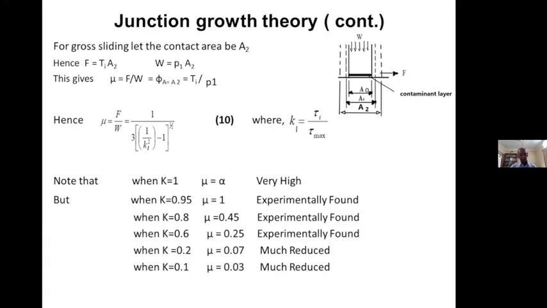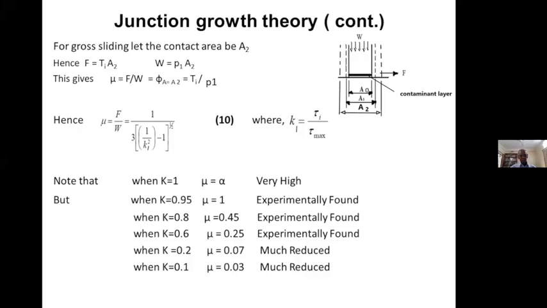So junction growth occurs in the main body, but if we have a contaminant layer, then the situation is a little different. Then we have to look at the ratio of the yield stress of the contaminant layer and that of the main bulk, and we'll see that the coefficient of friction will vary.